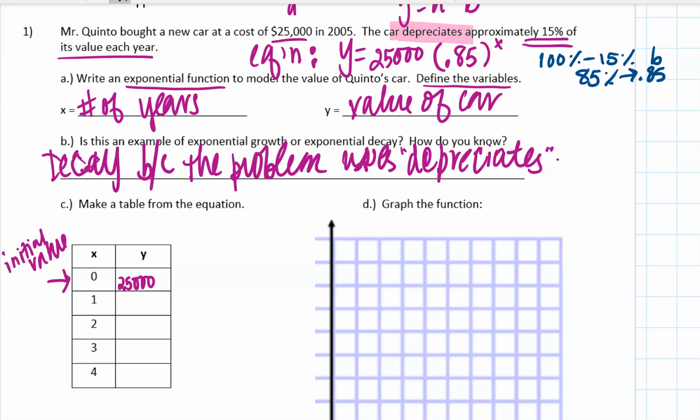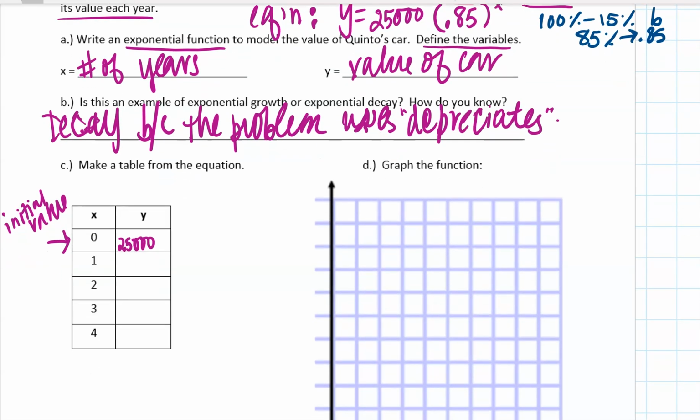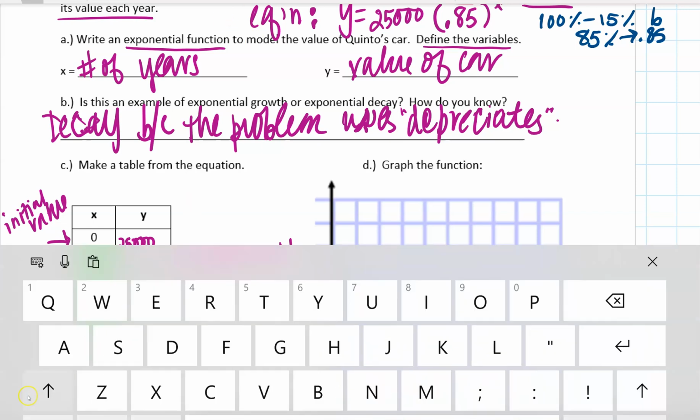So now we're going to find after 1 year how much the car was, after 2 years how much the car was, 3 and 4. Okay, so in our equation, 25,000 times 0.85 to the first, remember the x is up there, we're going to just do these calculations. So I want you to go ahead and do those on your own really quick.